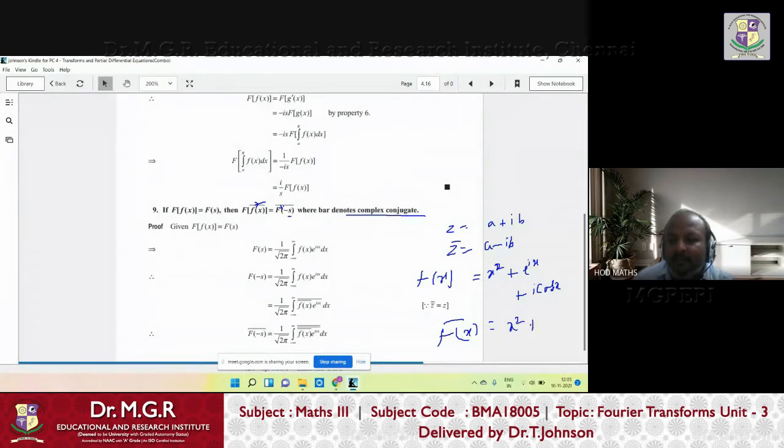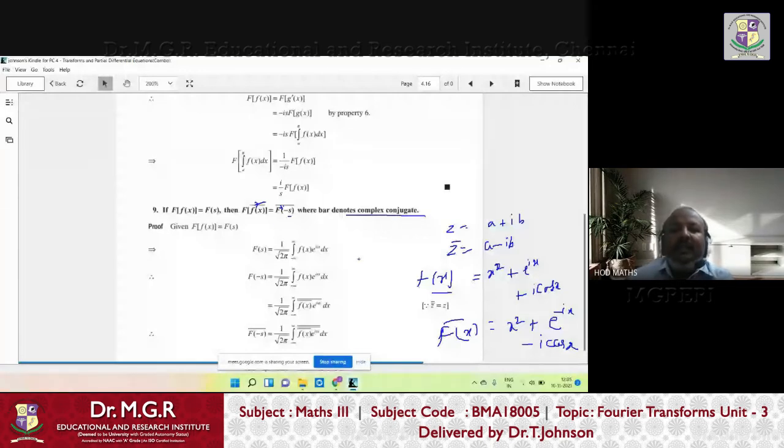And here e power ix is there. I already told you e power ix has the expansion cos x plus i sin x. So wherever i is there, you have to replace it by minus i. So e power ix becomes e power minus ix. Similarly, plus i cos x becomes minus i cos x. So this is the original function f of x, and this is the complex conjugate of the function.